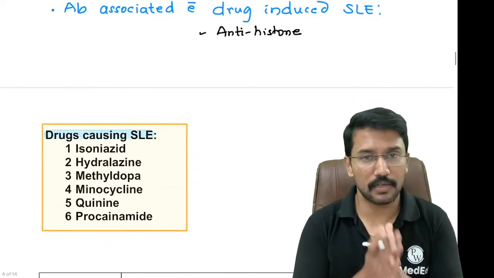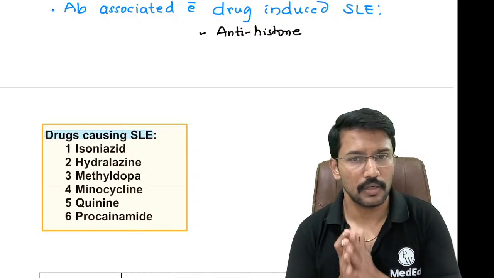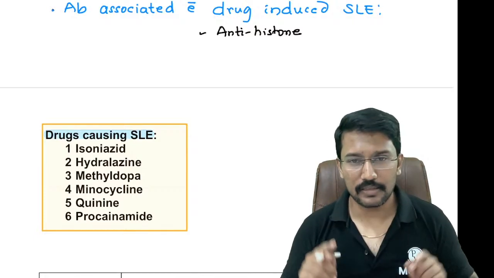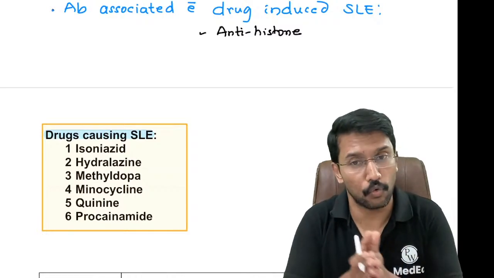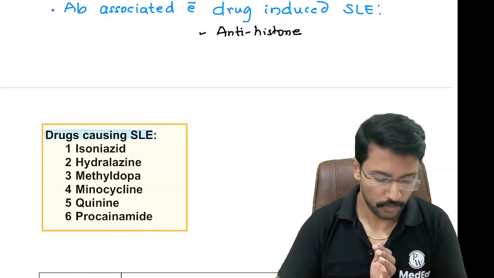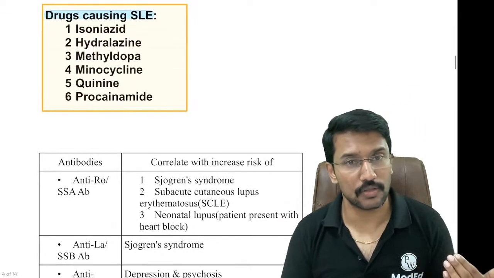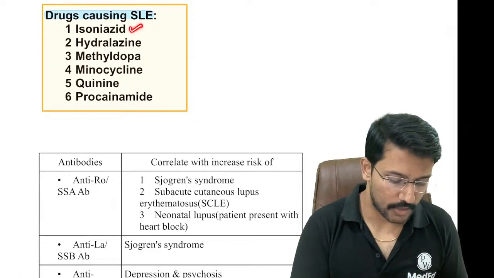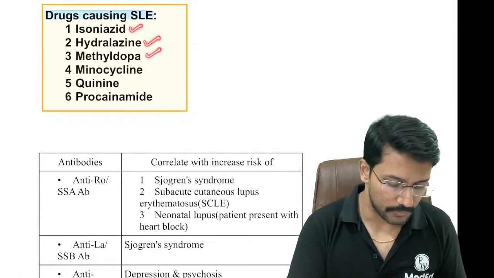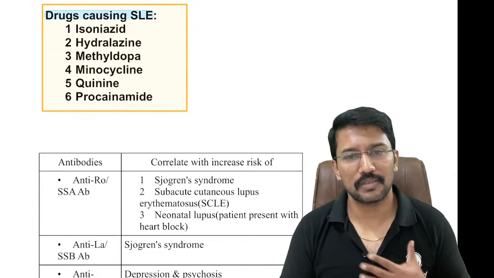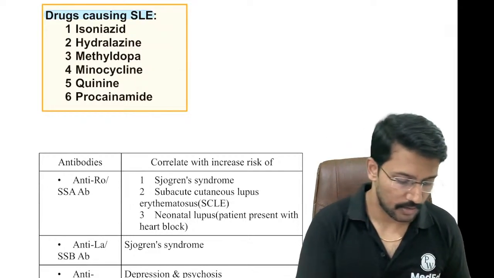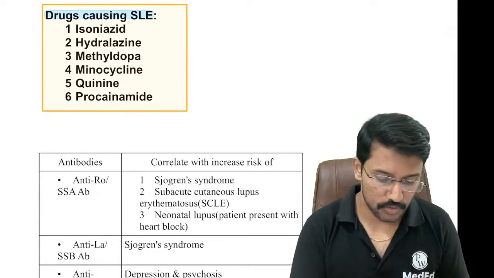Antibody associated with drug-induced SLE is antihistone antibodies. In recent times, it has become a template to ask MCQs on which of the following drugs are known to cause SLE. So I have made a small table of drugs known to cause SLE, which includes isoniazid, hydralazine, methyldopa, minocycline, quinidine, and procainamide. If you ask me which drugs I should remember particularly, which are more commonly used in today's context?